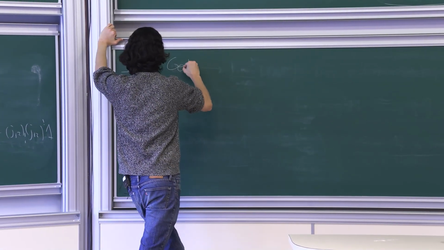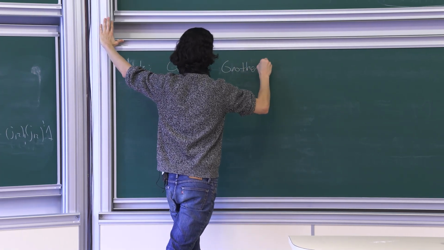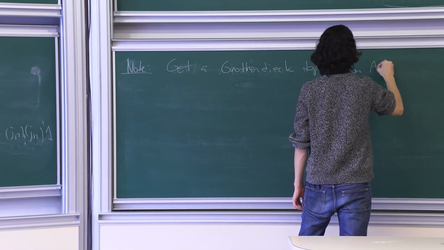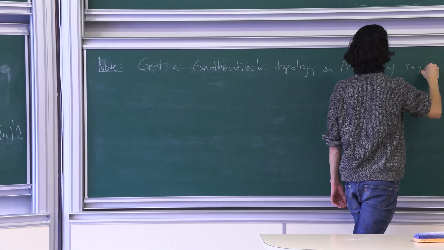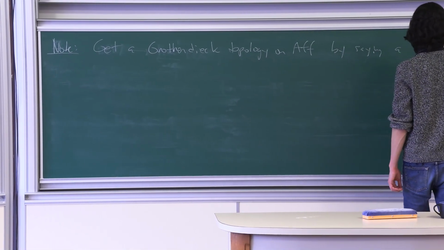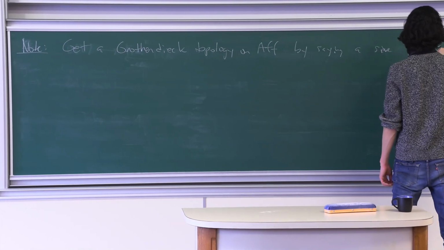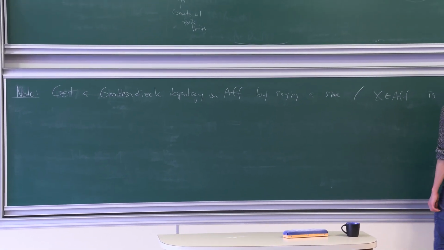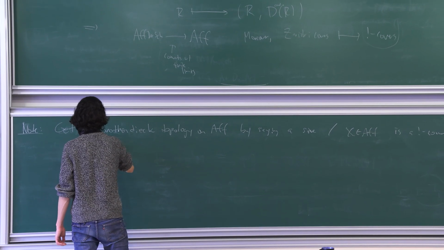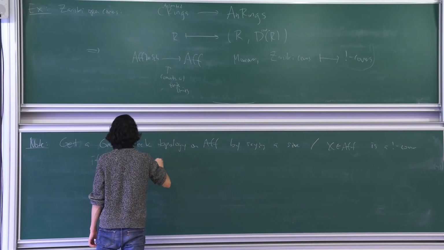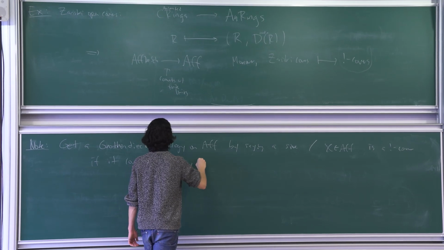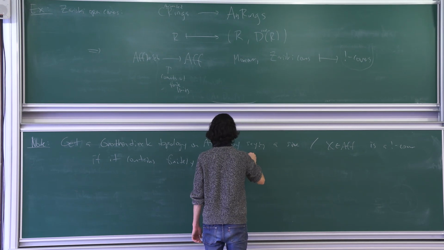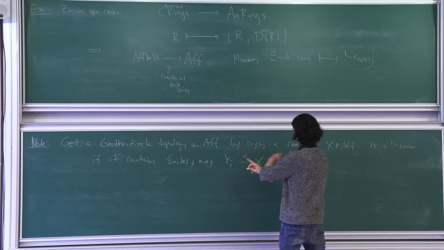we get a Grothendieck topology on F by saying that a sieve over X in F is a Schritt cover if it contains finitely many Y_i mapping to X. Now I've switched the roles of X and Y from previously.